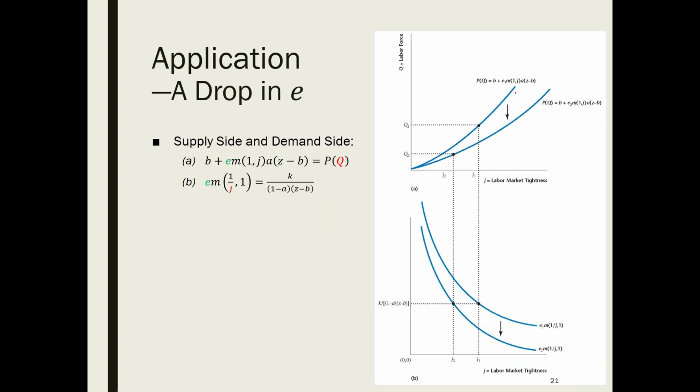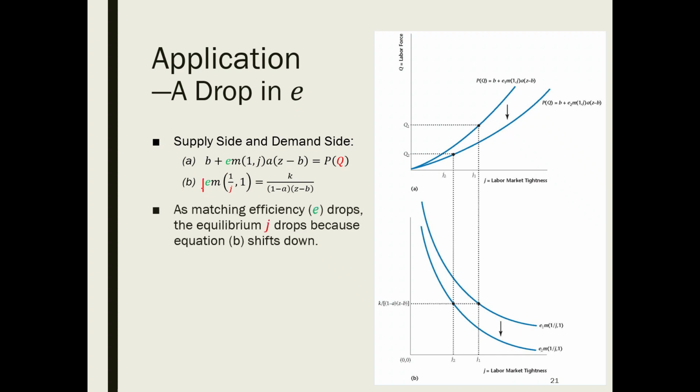Finally, let's look at the effect of a drop in matching efficiency, which is a key exogenous variable in the DMP model. As E drops, the right-hand side of the second equation, which is the vertical axis variable, does not change. So J must drop to balance this change to maintain the equation. This means that a drop in E shifts down the demand curve, and a drop in job tightness from J1 to J2.